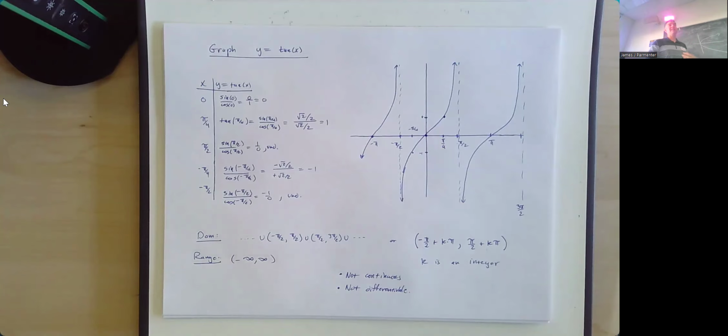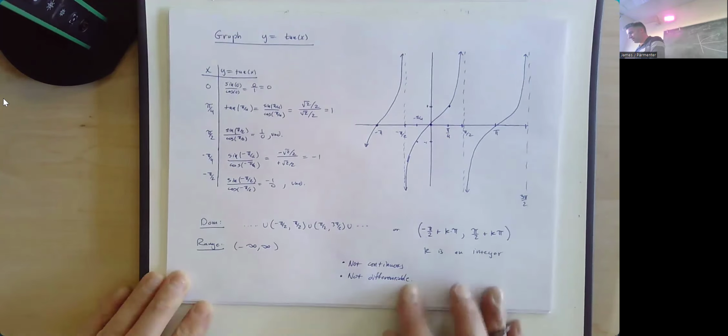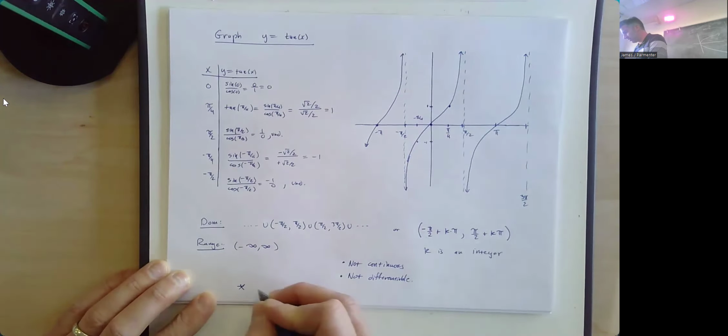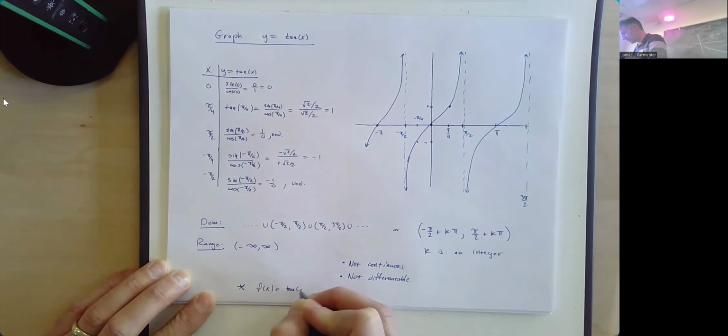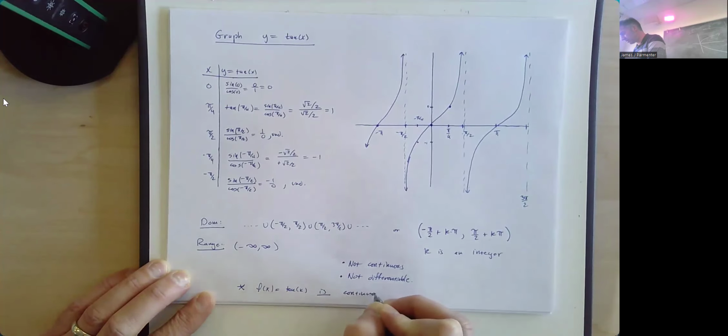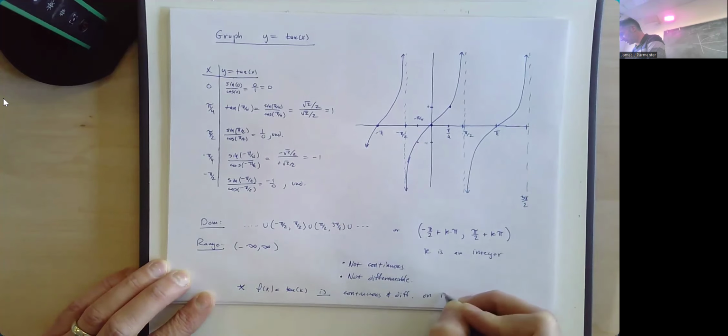So wherever this function is defined, it is continuous and differentiable. That's something people say often. And I just want to point out this function f of x equal to tangent of x is continuous and differentiable on its domain.